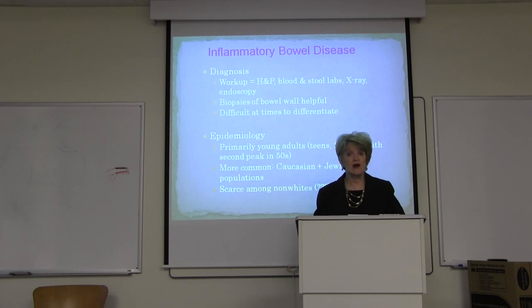What's involved in the workup? They're going to do a thorough history, they're going to do a basic physical exam focusing on abdominal exam, perirectal exam, anal rectal exam. They're definitely going to do stool studies, they're going to be looking for blood, they're going to be ruling out parasites, that kind of thing. And they're going to routinely do x-ray, and almost always they're going to do colonoscopy. And when they do colonoscopy, or an upper GI endoscopy, then they're going to do biopsies.